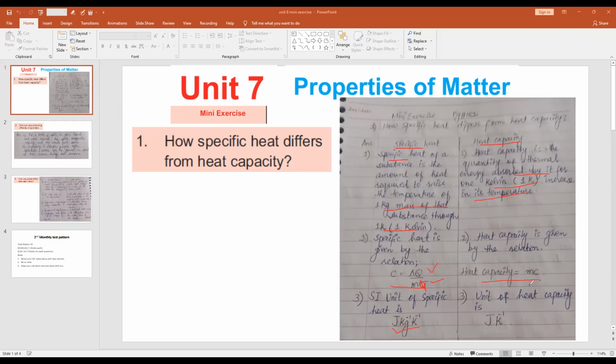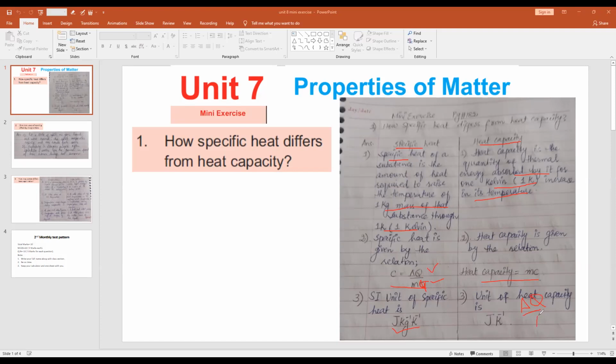For specific heat, mass is measured in kg, and as we have to write the unit of heat capacity, that is joule per Kelvin, right? So joule is for heat and Kelvin is for temperature, right? So we can write it as delta Q by delta T over here.